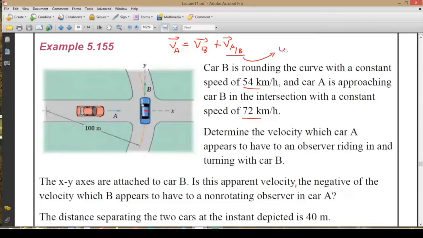One is the rotation of car B, which is the frame of investigation. The XY frame is rotating, so there's this omega, which is not given in the question, but we can figure it out because it's doing a curved path here, and we know the radius of curvature, and we know the speed of the car, so we can actually determine this omega. The omega will be in this direction by the way.